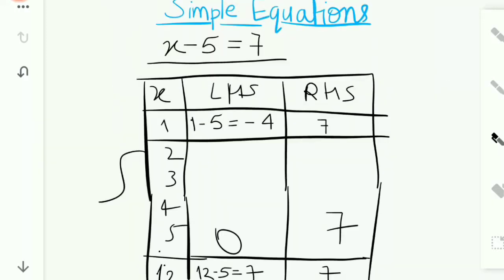So many numbers you'll have to try before you get the correct answer. So the trial and error method is not that great to use. If you are asked in a question specifically to solve by the trial and error method, then only you use this method. Let's get to the other method.